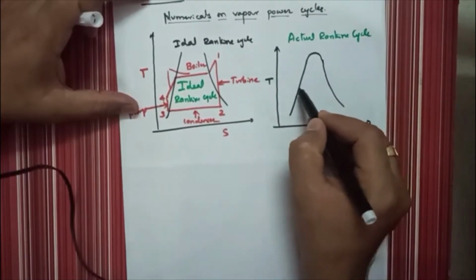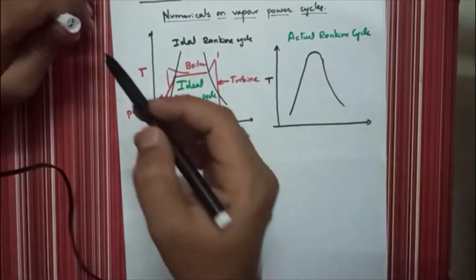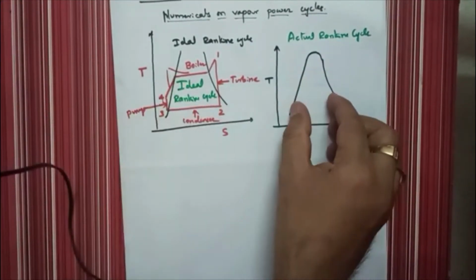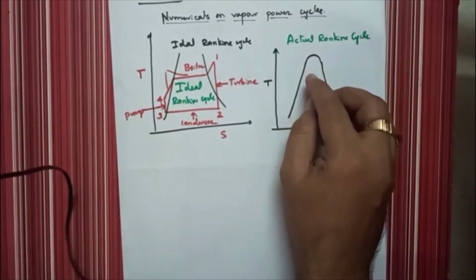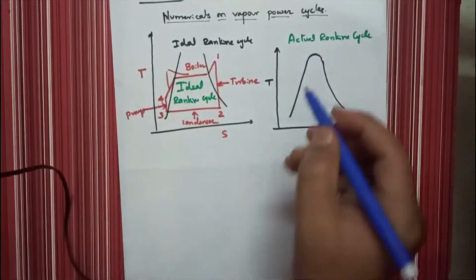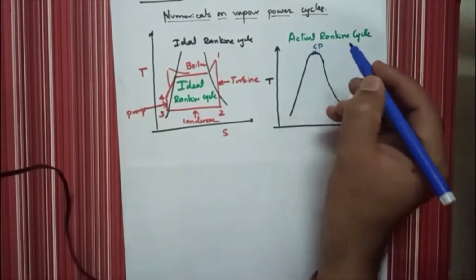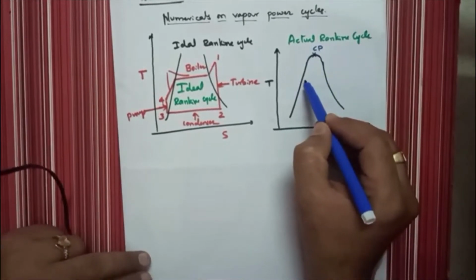And this is the saturated liquid line, saturated vapor line. Okay, both these two lines will meet at a particular point, that is called the critical point, that we already discussed in the previous lecture. This is the critical point CP. Here I will draw the actual Rankine cycle.